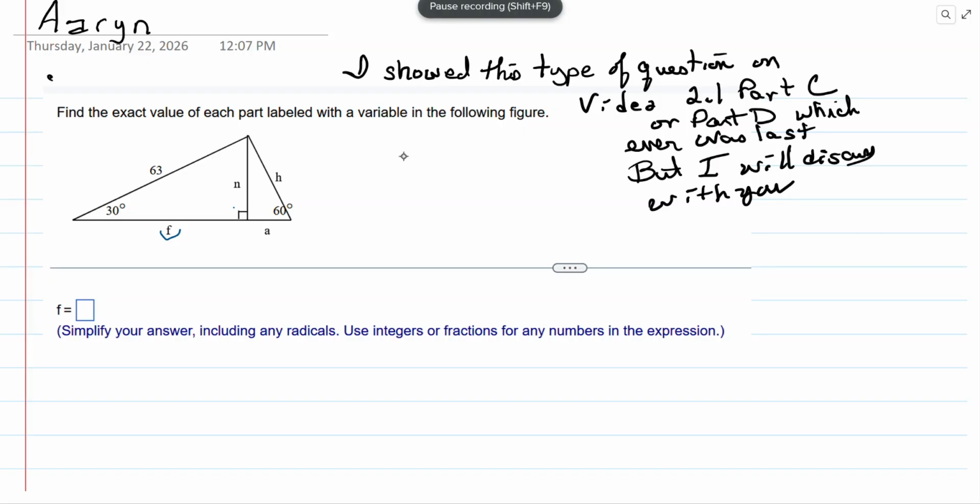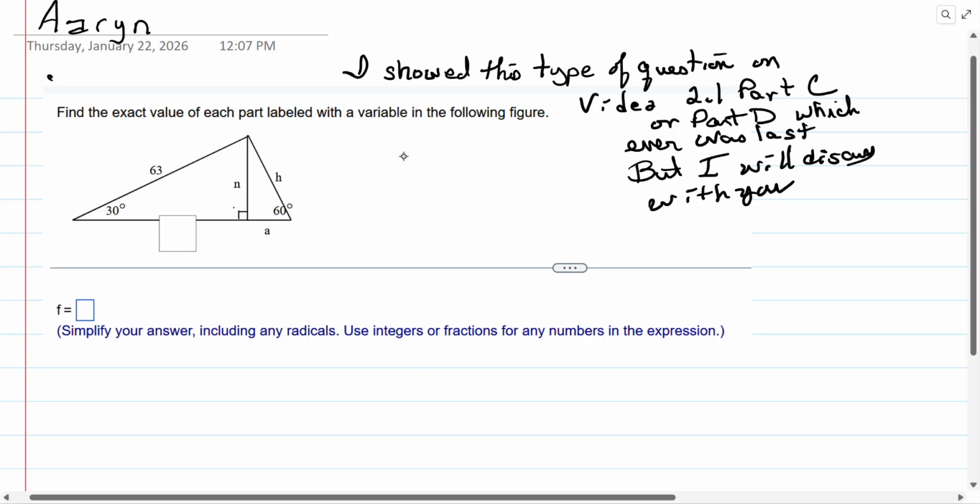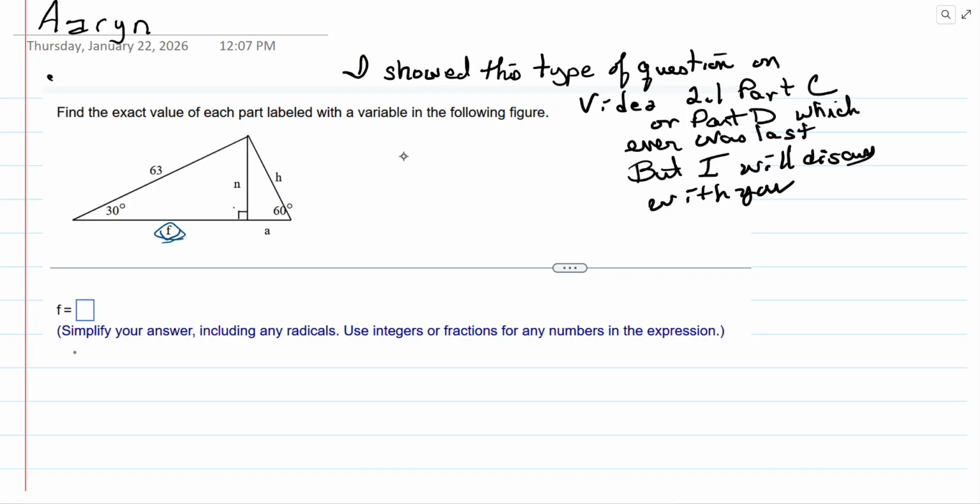So here we go. We've got this right triangle, and it's going to want the F, N, H, and A. But we're going to start with our F. Our first step for finding F is to see what's given.